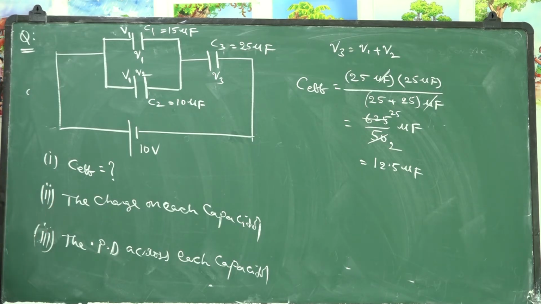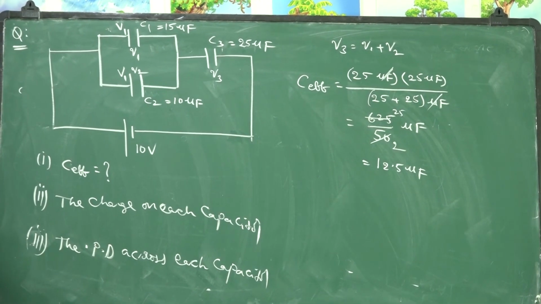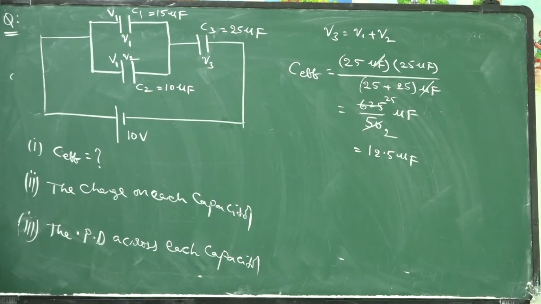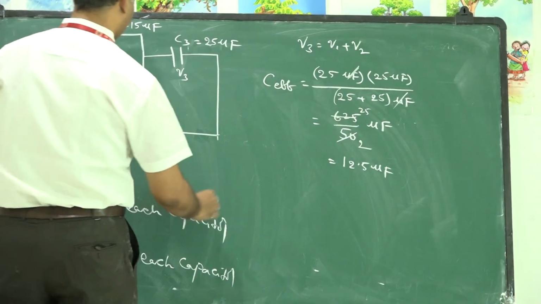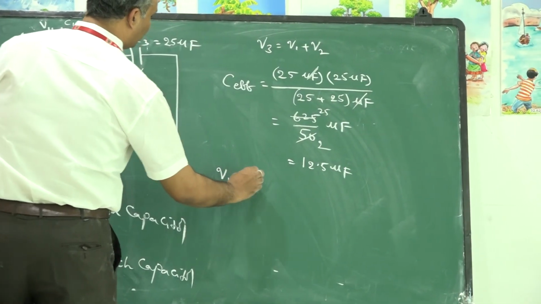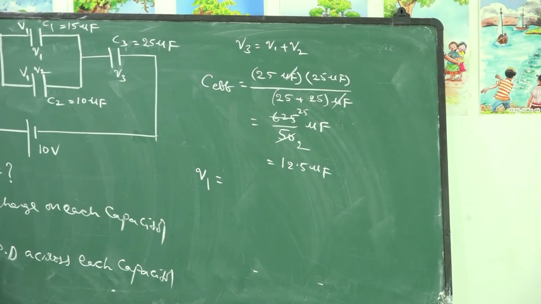What is the second question they asked? The charge on each capacitor. How to calculate the charge on each capacitor? So the charge on the particular capacitor Q1, how to calculate?